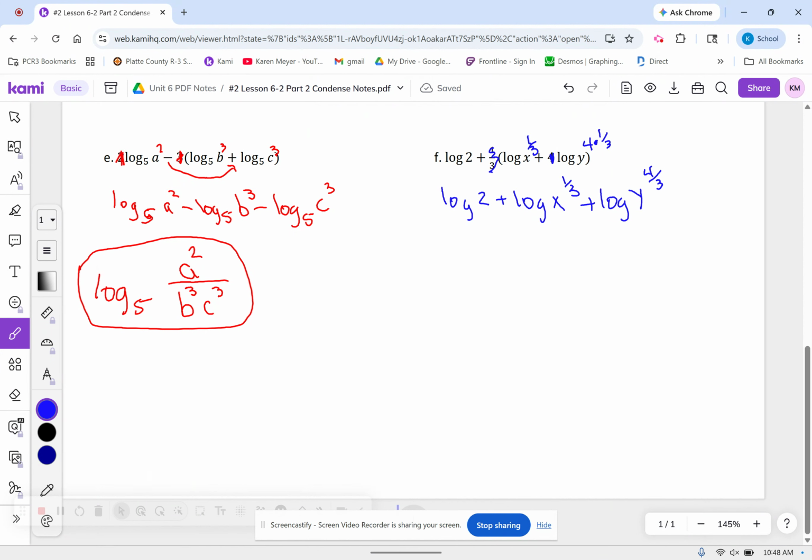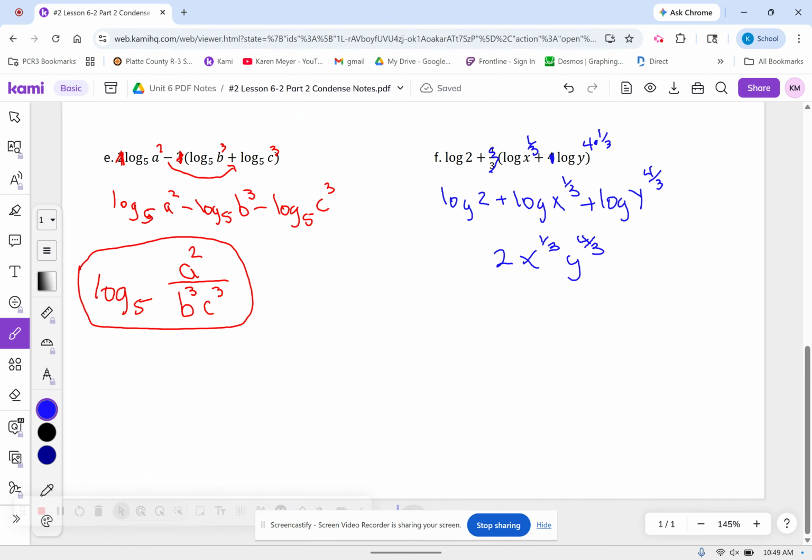So that one was a little tricky because there was a power inside the parentheses in front of the log for y, and then we also had to take that number outside of the parentheses and move it up as a power. Okay, then I see pluses. Pluses is going to turn to multiplication. So I'm going to have 2 and then x to the 1/3 and then y to the 4/3. They're going to be all written right next to each other for multiplication.